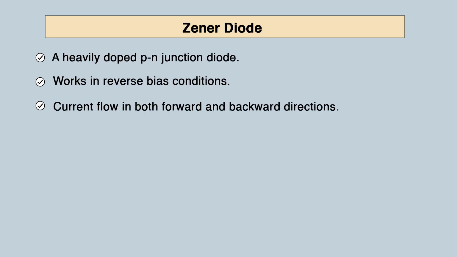So, Zener diode is a heavily doped PN junction diode that works in reverse bias condition, and it is called a Zener diode. It is a specific diode that works in reverse bias condition. It allows the current to flow in both forward and backward directions.